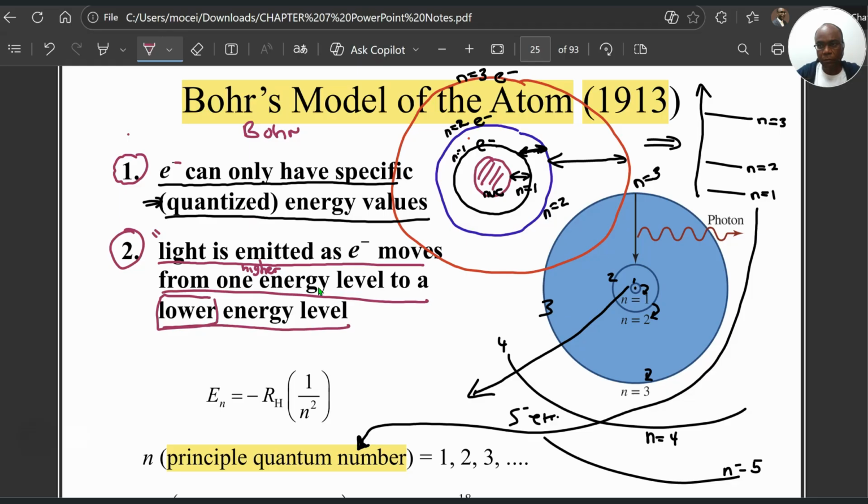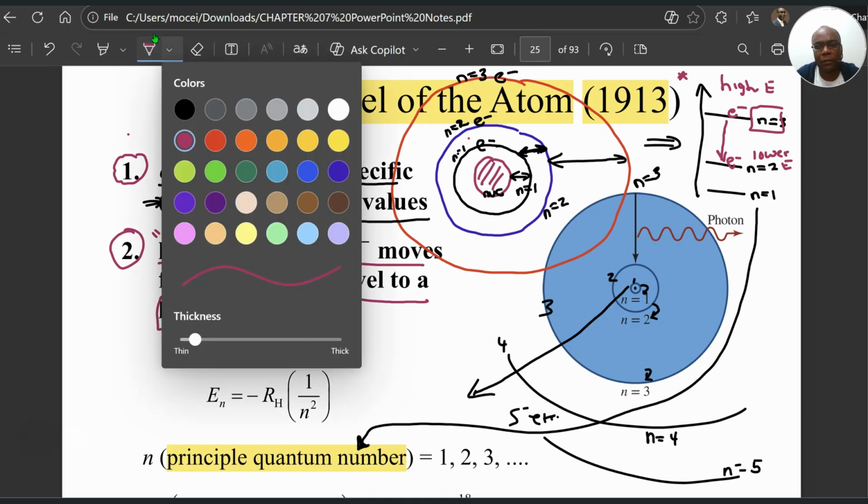Okay, so let's focus here on the right. If an electron is at n equals 3 and it's dropping back down to n equals 2, since it previously had high energy and is dropping down to a lower energy, where do you think that energy will go?